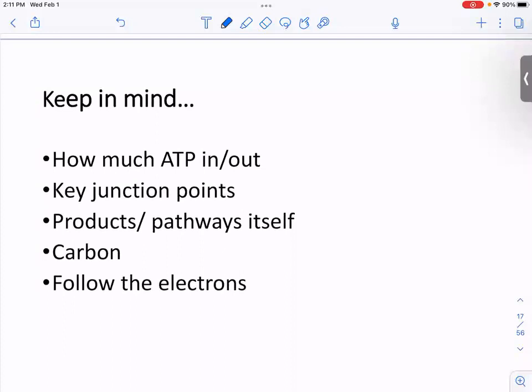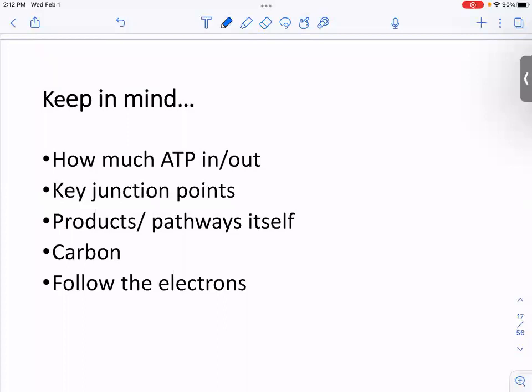There are going to be some key juncture points as to which direction metabolism can go, depending on what a cell needs. We're going to pay attention to what we start with in a pathway and what we get out of it, especially the electrons. Follow the electrons, that's going to be important. Counting carbons can help you from getting confused as well.